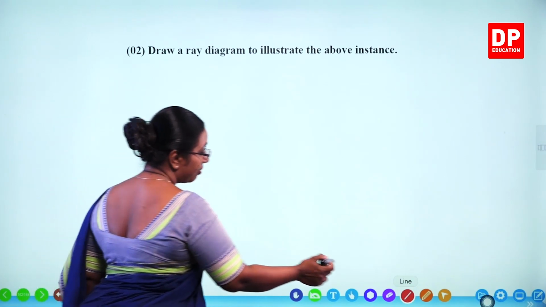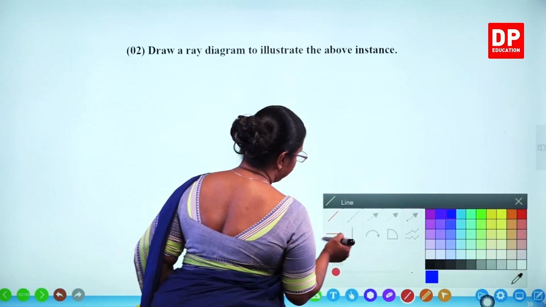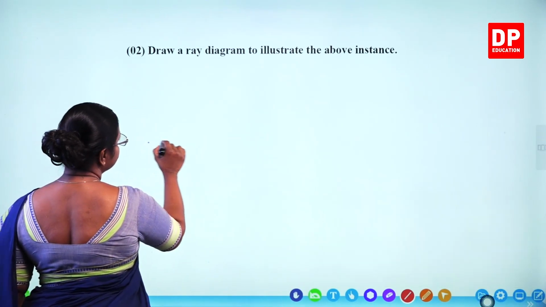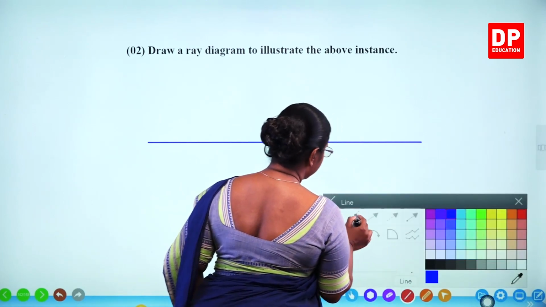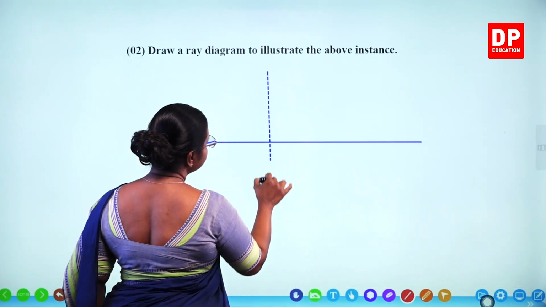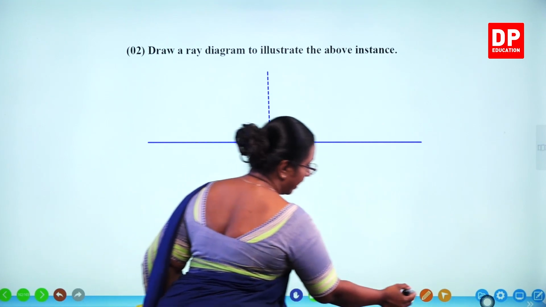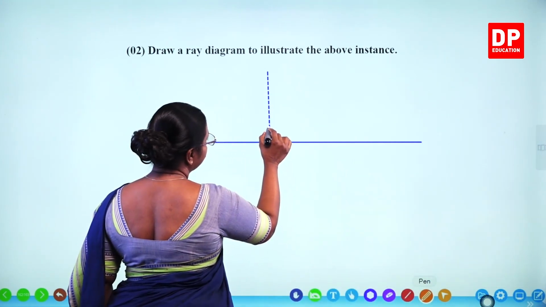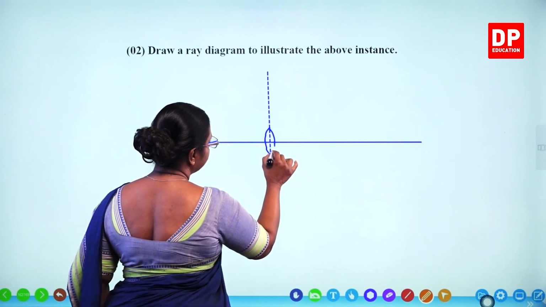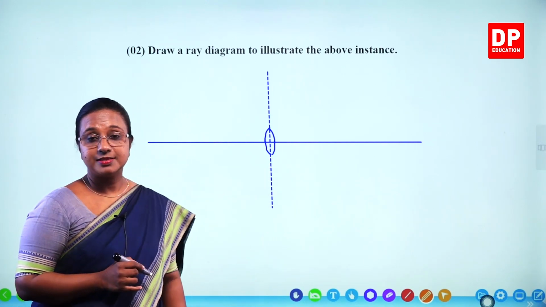I will start off with drawing the principal axis. Then to mark the lens, and we have to show what the lens is, a biconvex lens.